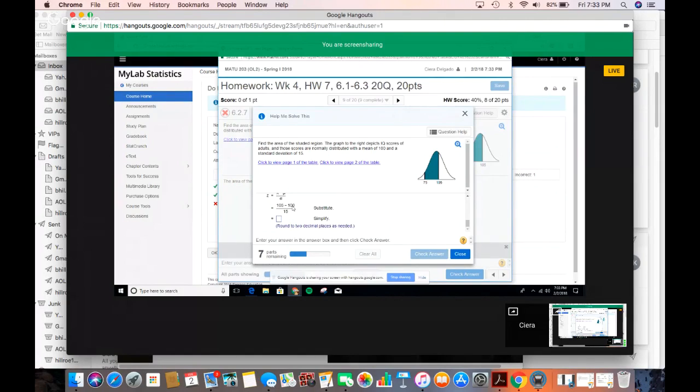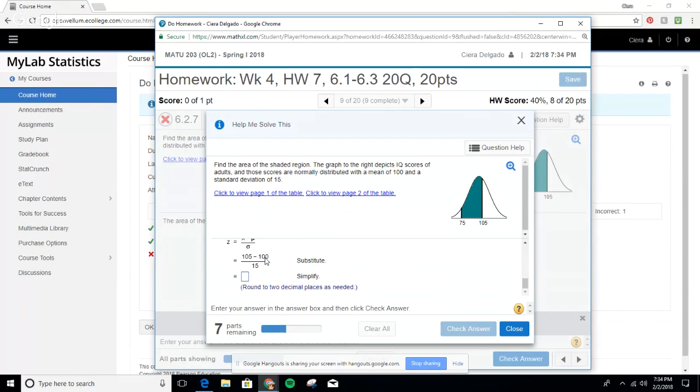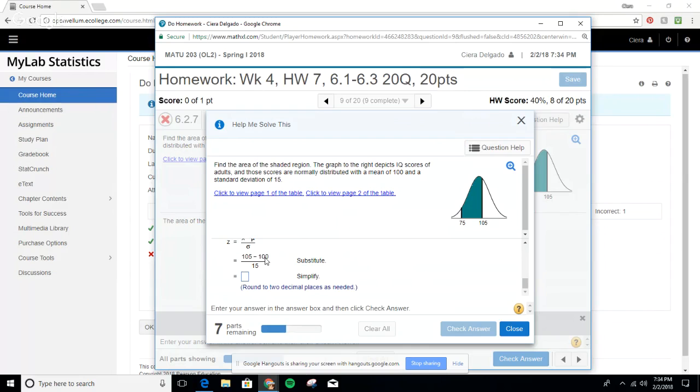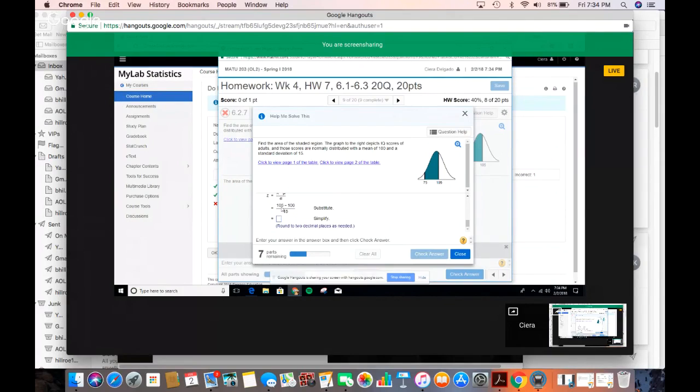But here's the thing for that. So 70, so that one, negative 1.67. That was with the 75. So let's do here 105 minus 100, 5 divided by 15, which would be 0.33. It should be negative, right? No, it's positive. Oh, duh.